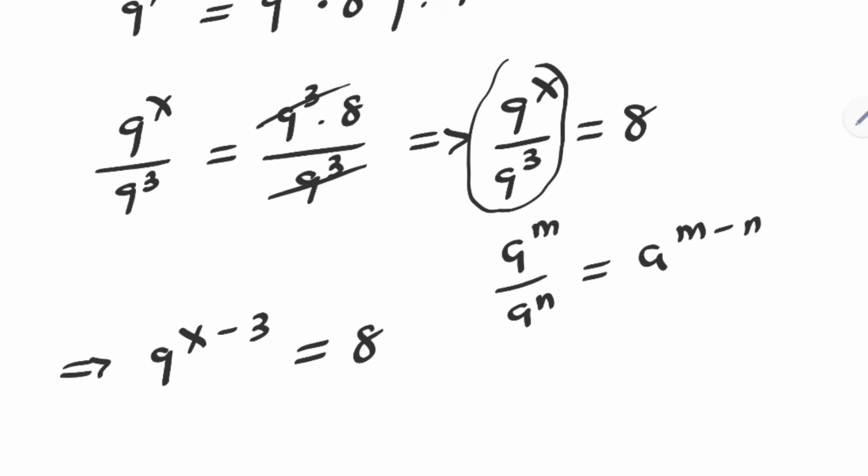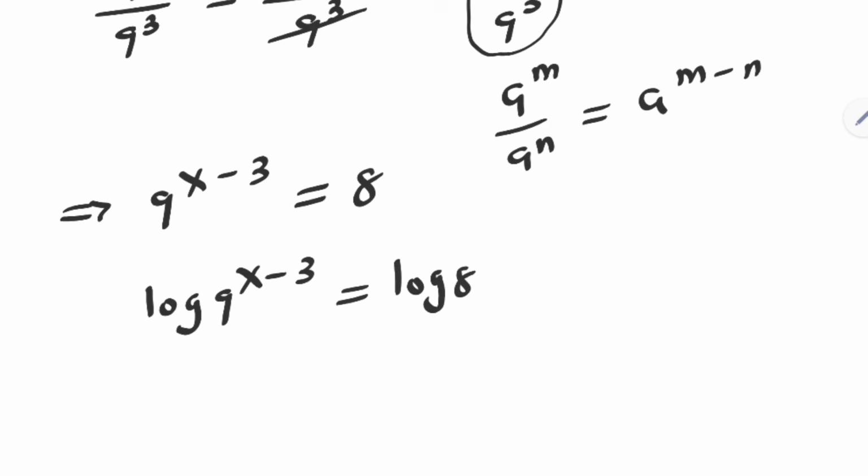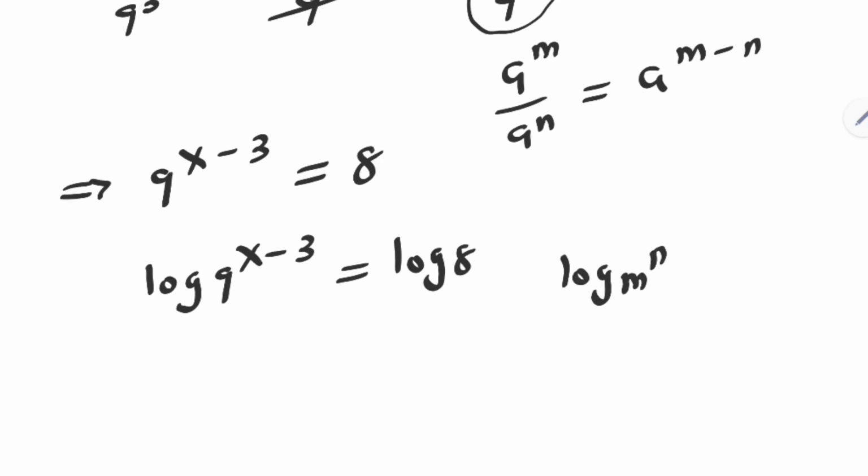Let us take the log on both sides of this equation. Log 9 raised to power x minus 3 is equal to log 8. If you have log m raised to power n, this is equal to n log m.